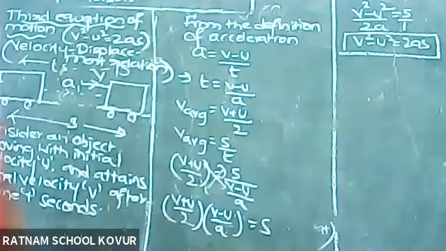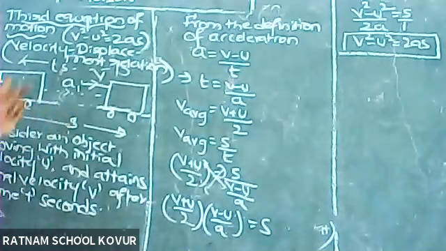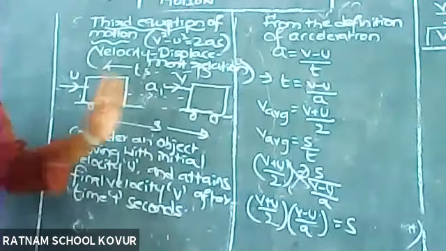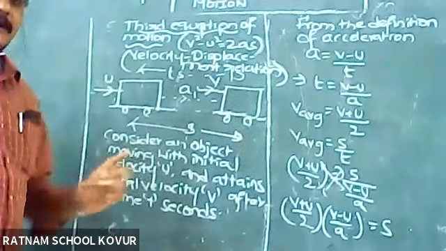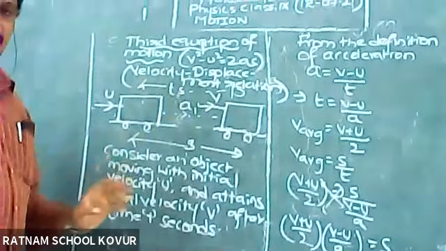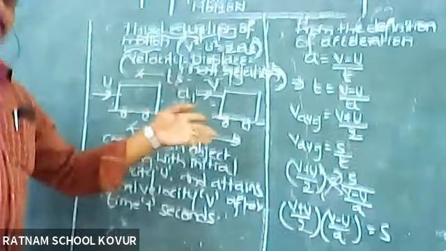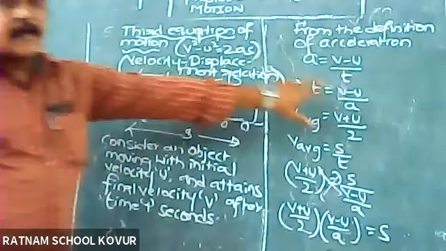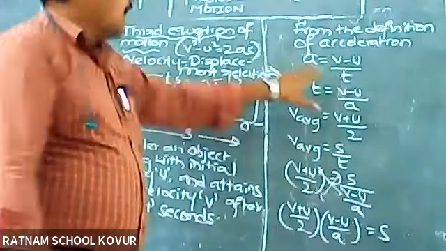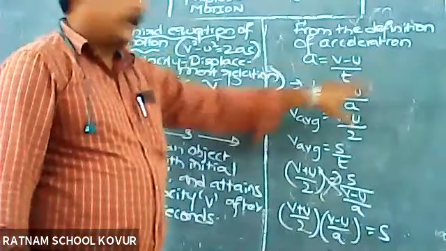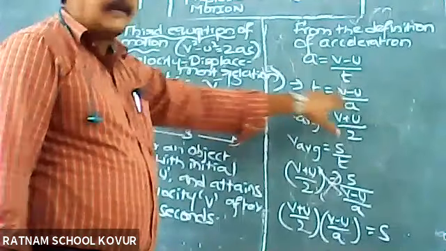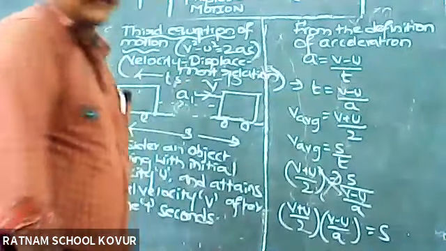Let me repeat once again. Consider an object which is moving with initial velocity u and uniform acceleration a, attains final velocity v, and has traveled displacement s. Now I have taken the help of the acceleration definition: acceleration is equal to v minus u by t. Just replacing t and a, t is equal to v minus u by a.